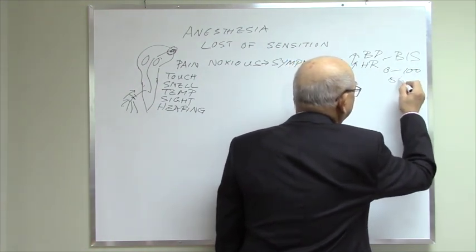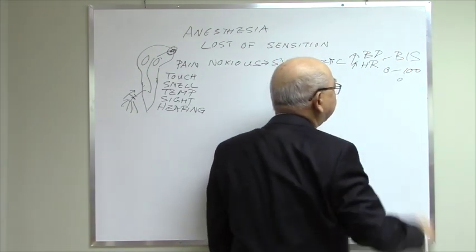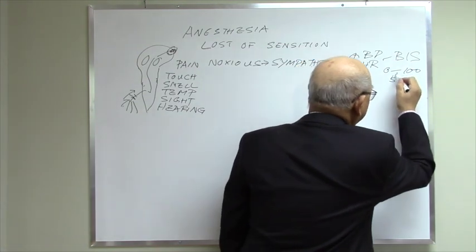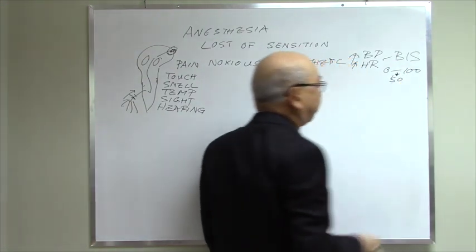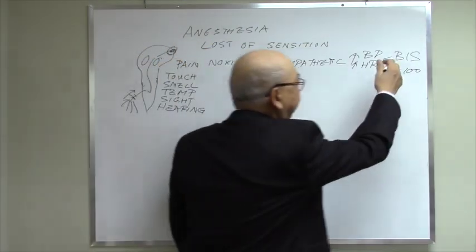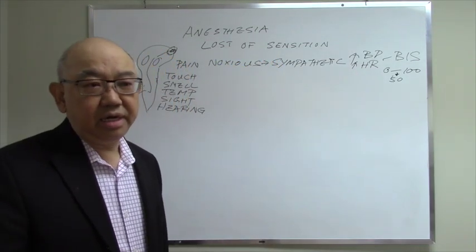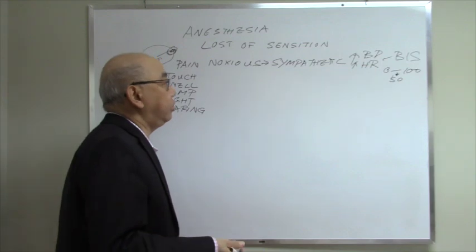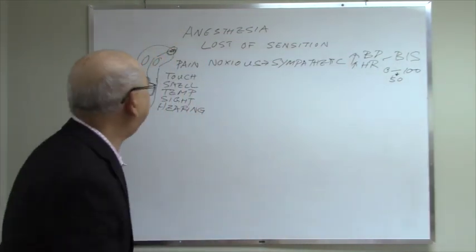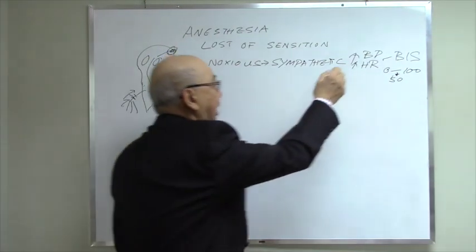About 50 is the point when people lose most sensation, and it is supposed to be adequate anesthesia or analgesia. But it's expensive and has a lot of artifacts, so it's rarely used. So what we want is to control pain, so that you don't have this happen.